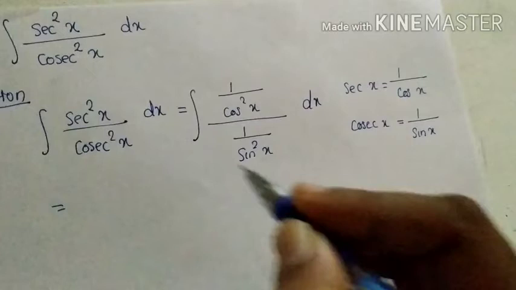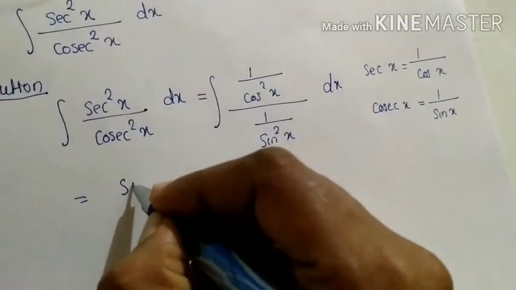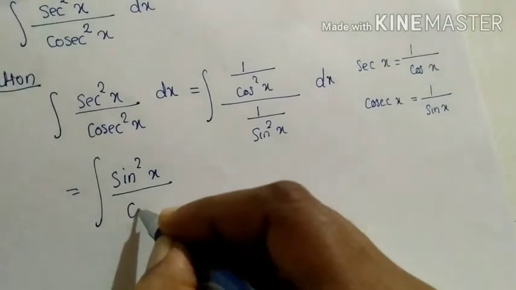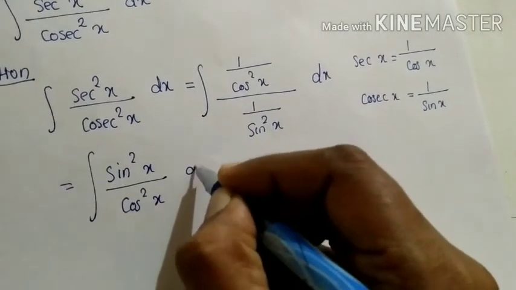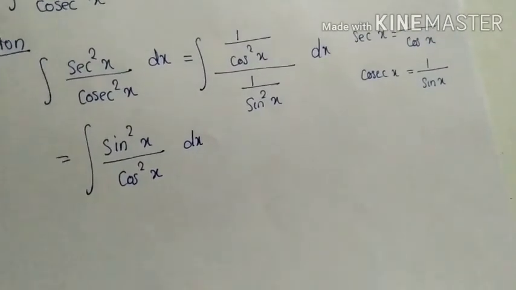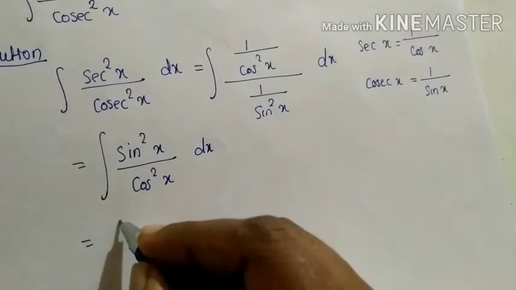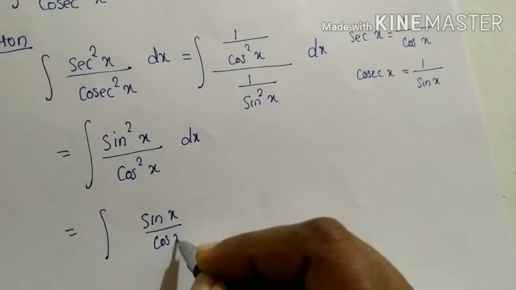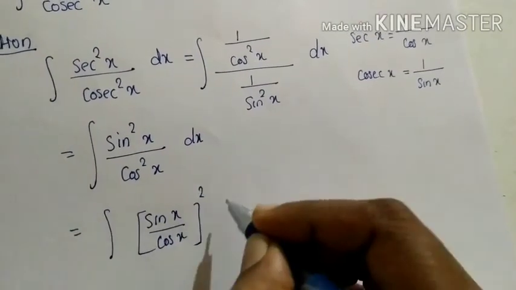And this will further equal integral sin square x divided by cos square x dx. Okay, and this can also be written as integral (sin x by cos x) the whole square dx.